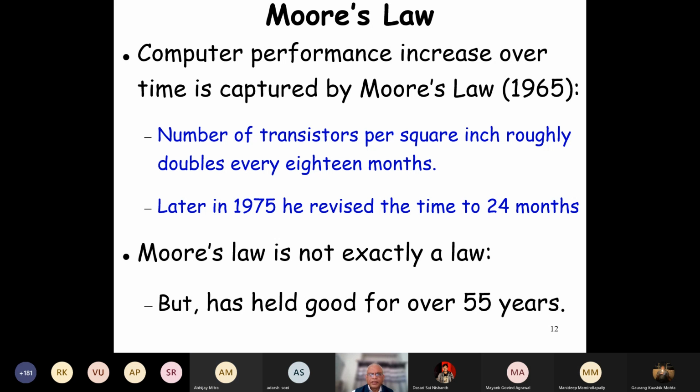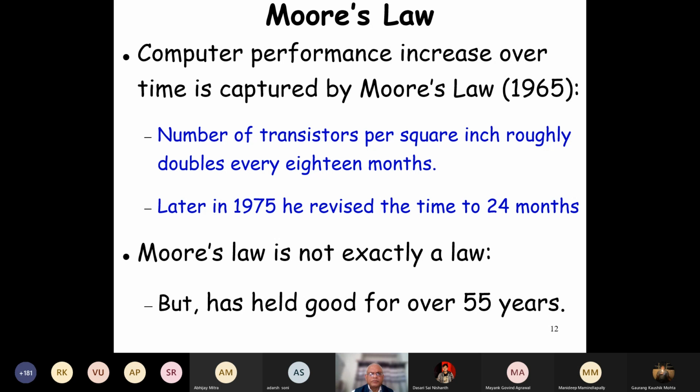Let's look at it. So initially in 1965, Gordon Moore, the founder of Intel, said the number of transistors per square inch roughly doubles every 18 months. But then after 10 years, he revised his statement. He said, no, that's too ambitious.